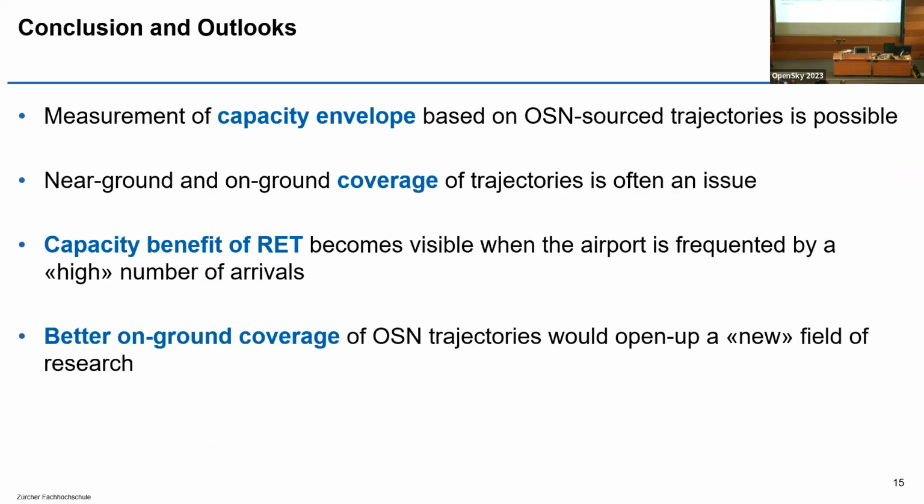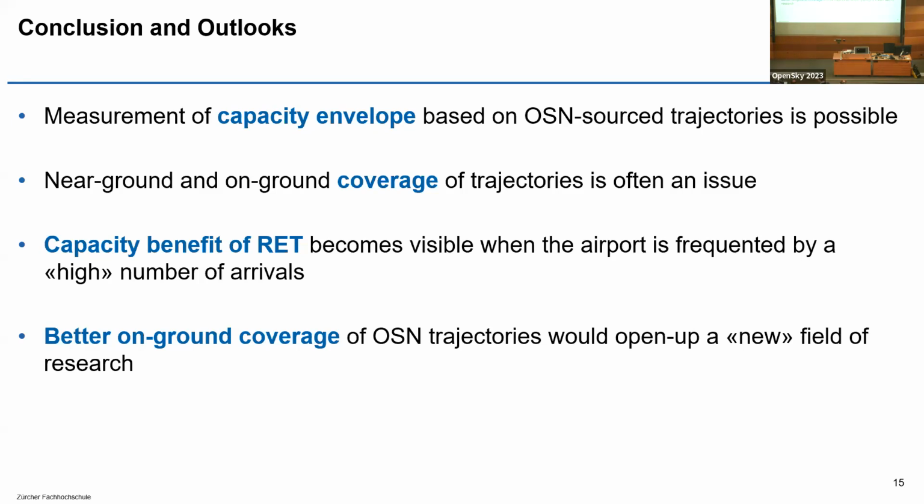So this brings me already to the end. In order to conclude, we can say, well, with OpenSky Network data, you can measure the capacity envelope of an airport, given certain caveats, especially relating to coverage issues.